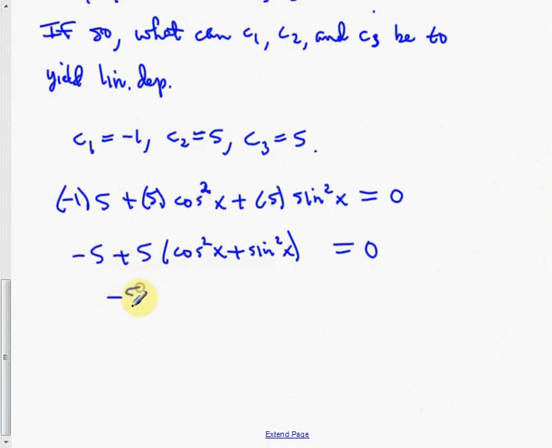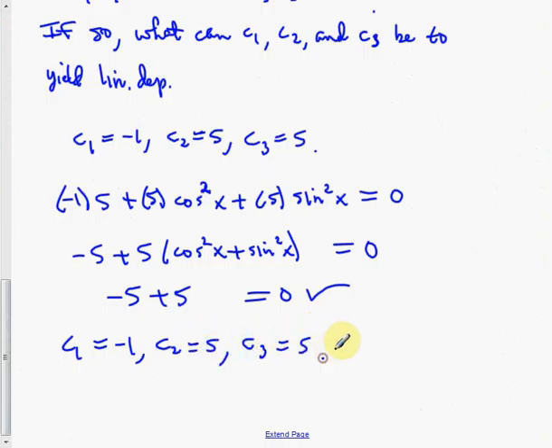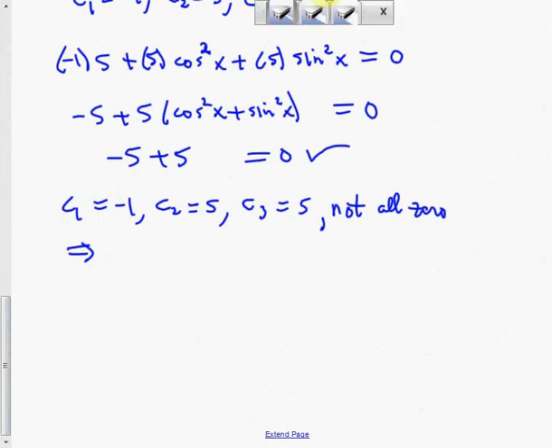Well, this is negative 5 plus 5. But here, notice that c sub 1 is negative 1, it's not 0. C sub 2 is 5, and C sub 3 is 5. Not all 0. That implies linearly dependent.